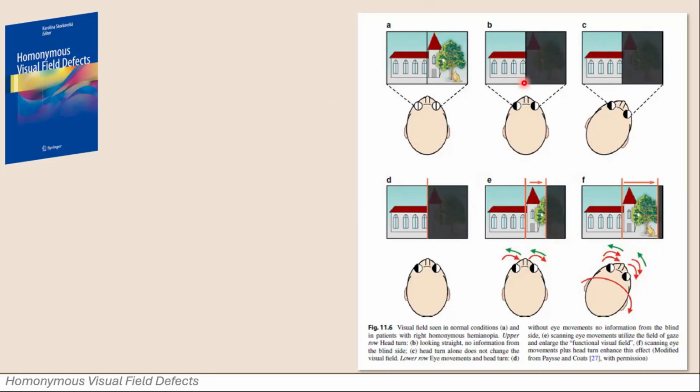So remember, when the lesion involves the optic nerve, chiasm, or retrochiasmal pathways, the visual field defect presents as a missing area, so it's a negative scotoma.